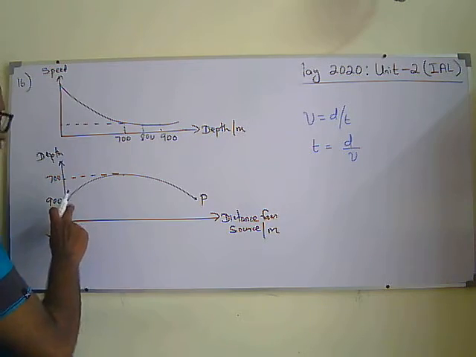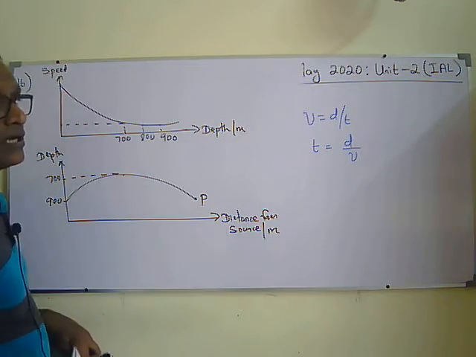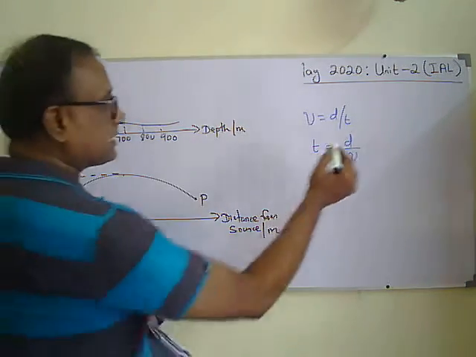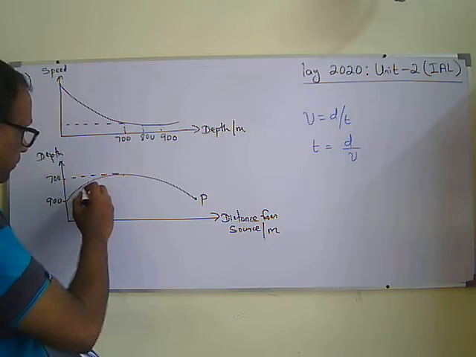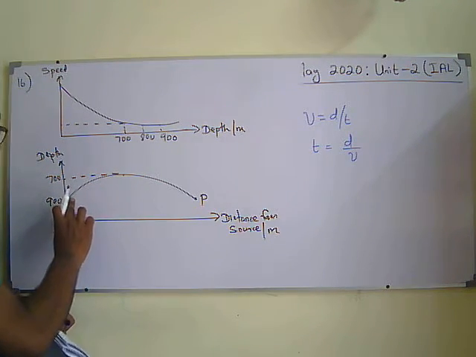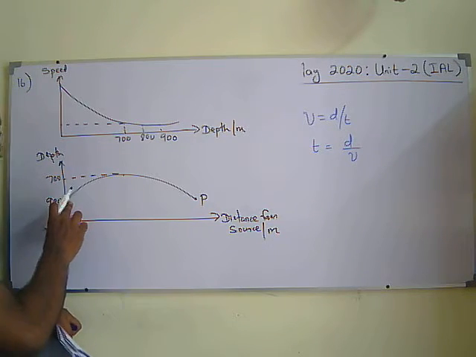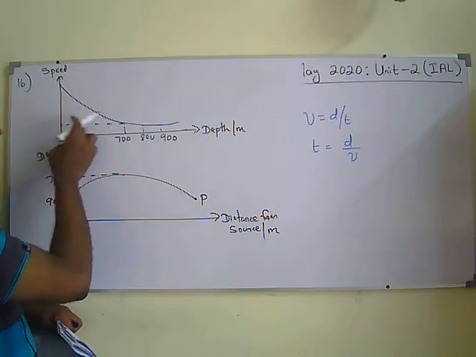But the speed is at 900 meter, so speed is also lower. Distance is shorter, speed also lower. But when we consider the path like this, when it goes above 900 meters, that means the depth decreases below 900 meters, the speed is increasing. You can say speed is increasing.